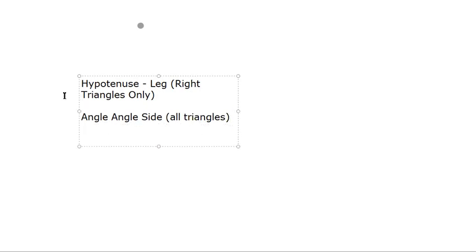And on this worksheet, you're also going to have side-angle-side, side-side-side, and angle-side-angle, a review, which is also all triangles. So you have one more worksheet with this, proving triangles congruent, and we're going to add the last two postulates in.